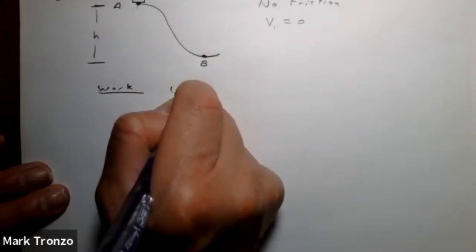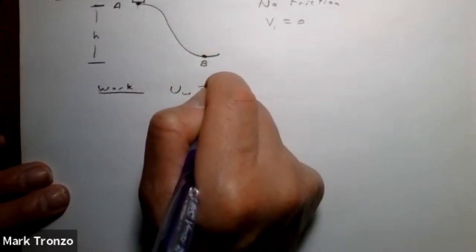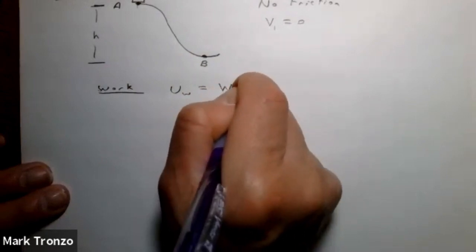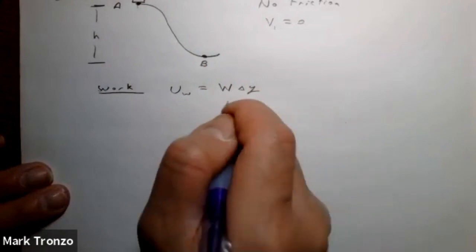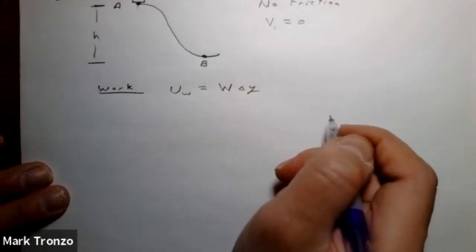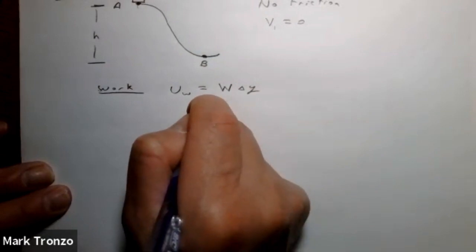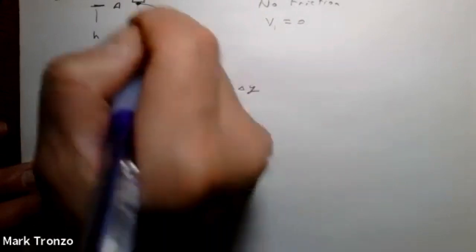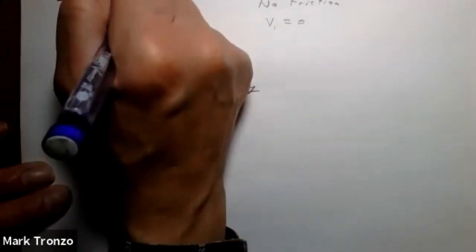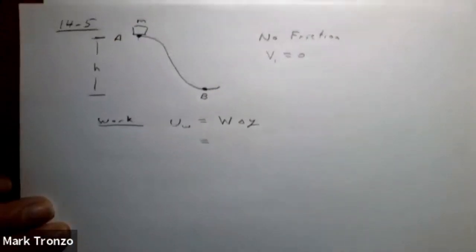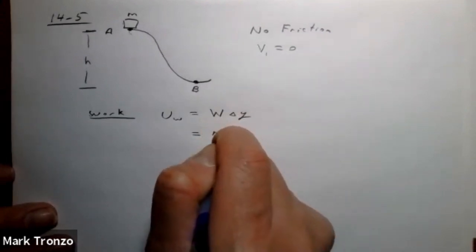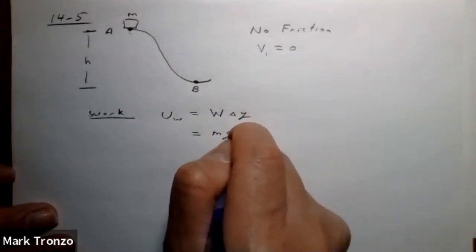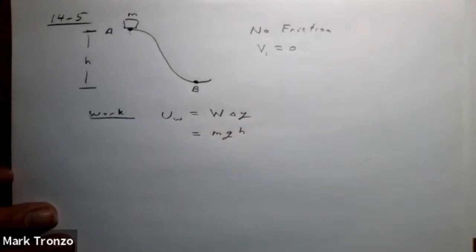So the work W is going to be the weight times delta Y. And in this case, we're dealing with SI. So again, it's some mass. We don't know what the mass is of the car. So it's some mass, but since it's SI, it's going to have to be times g. And then delta Y is just going to be our h. So that's going to be the work.